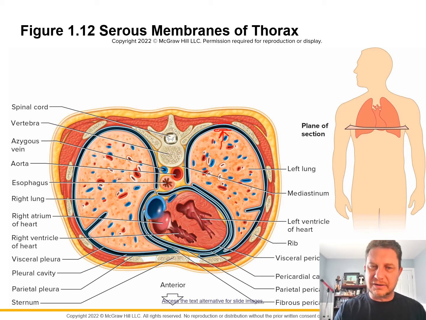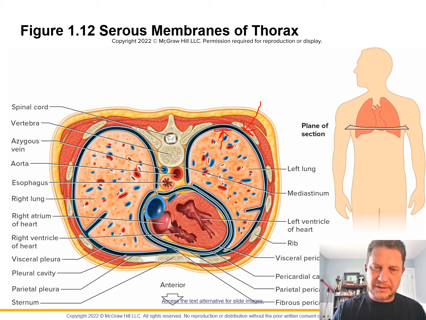Across from it, I'll draw it over here so it'll show up, I have a membrane that's outside, that's making the cavity. When talking about cavity, we're talking about parietal, and since we're using the lungs where we're pointing to here, it is the parietal pleura.